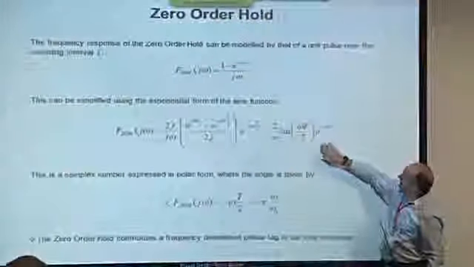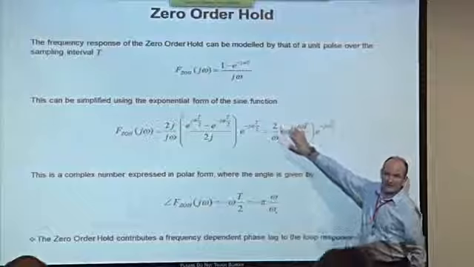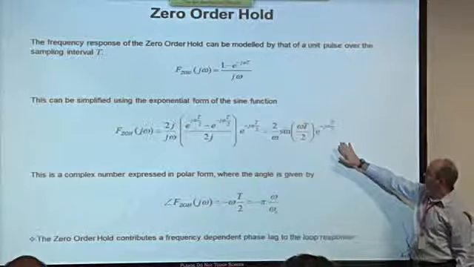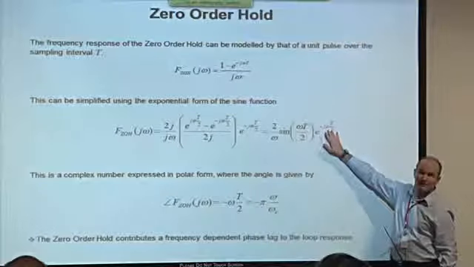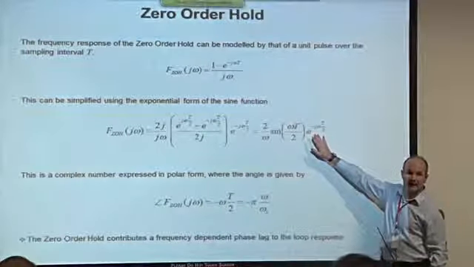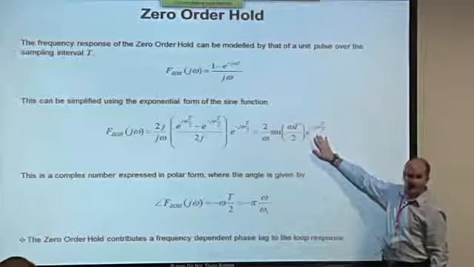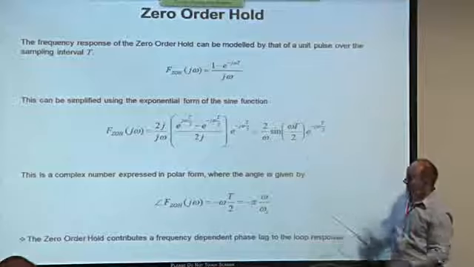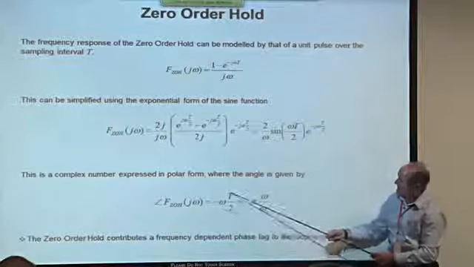Now, the real part of this actually doesn't make that much difference, but the phase does. The zero-order hold gives us another frequency-dependent phase lag. In addition to the phase lag of the time delays in the system, we get another phase lag from the zero-order hold reconstruction, and it's minus omega times T over 2.